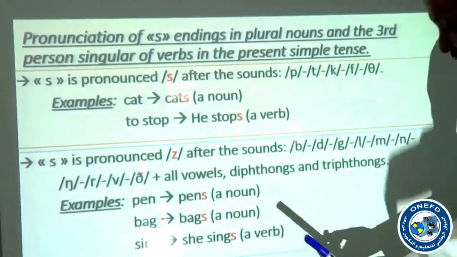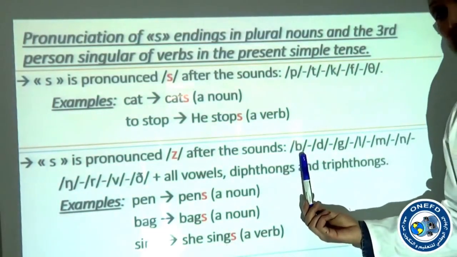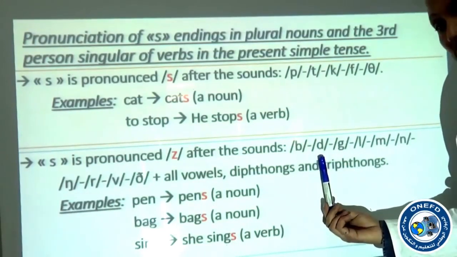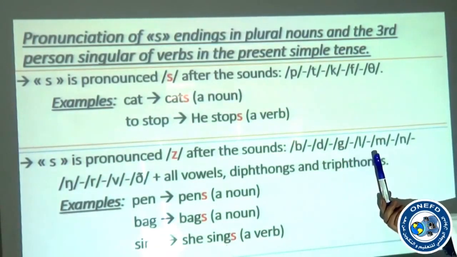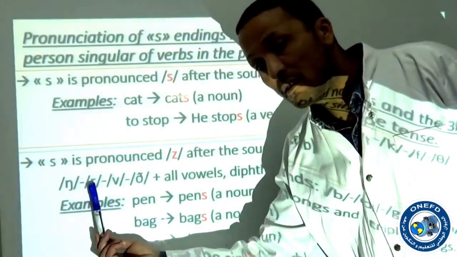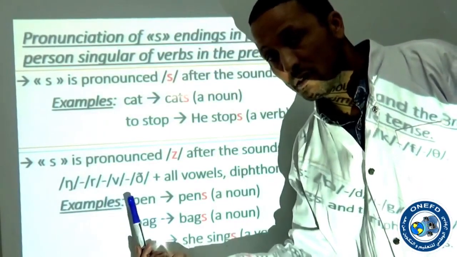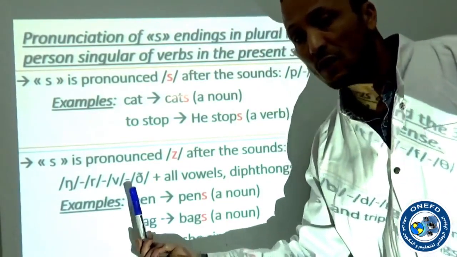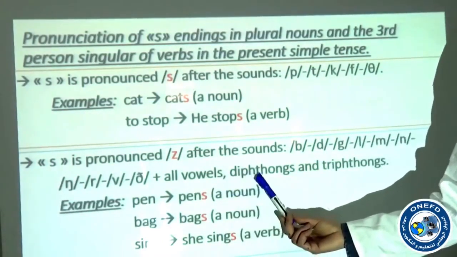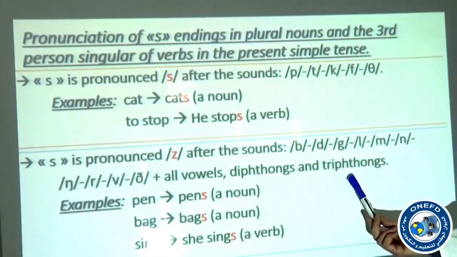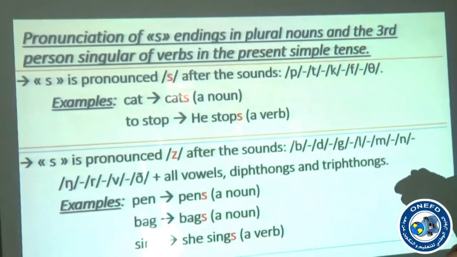We repeat together: B, D, G, L, M, N, R, V, and the last one, the. Plus all vowels, of course, and diphthongs and triphthongs.